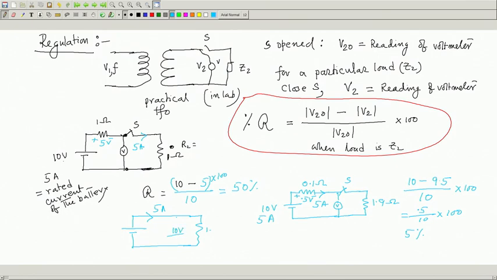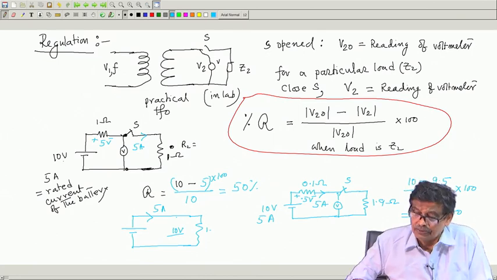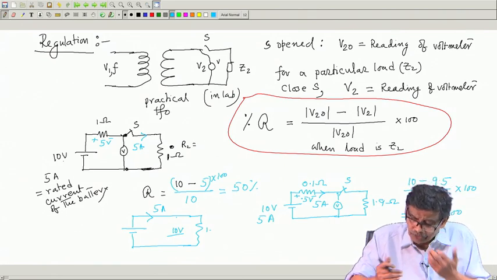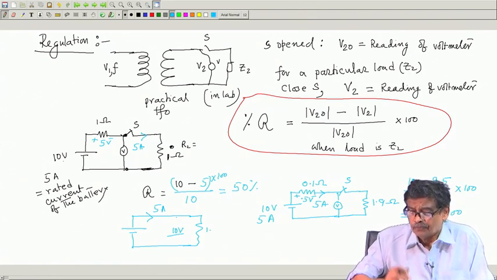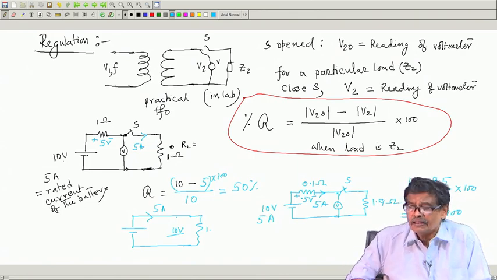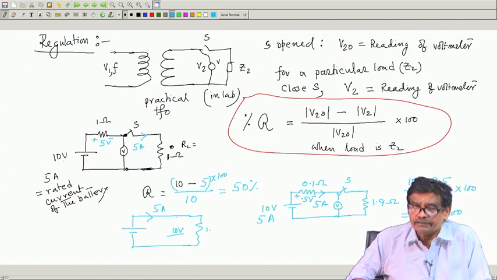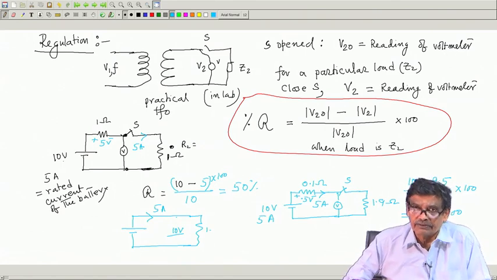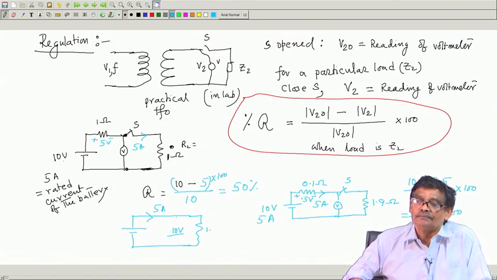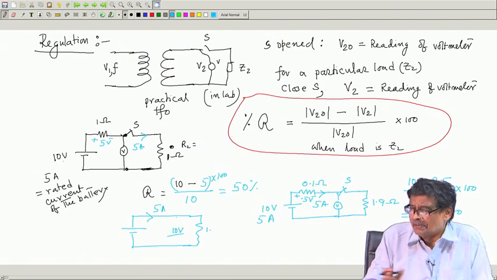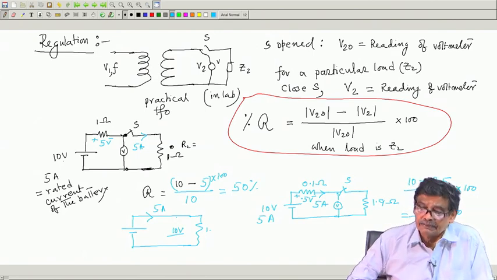Okay, we will address this problem whether it is better to have a source having 0 internal impedance or not, that is another thing to be discussed. But it looks like that from no load to full load, if at all a change takes place in the magnitude of the voltage across the load, that should be small, so that it can maintain voltage there.